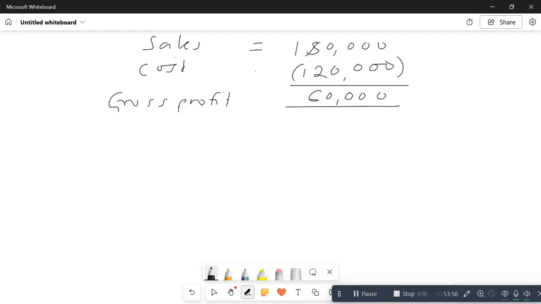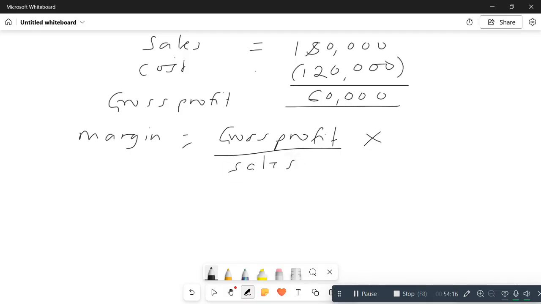If we are to use margin to determine percentage profit margin, we shall have the gross profit over sales times 100. And our gross profit here is 60,000 over our sales, which is 180 times 100.